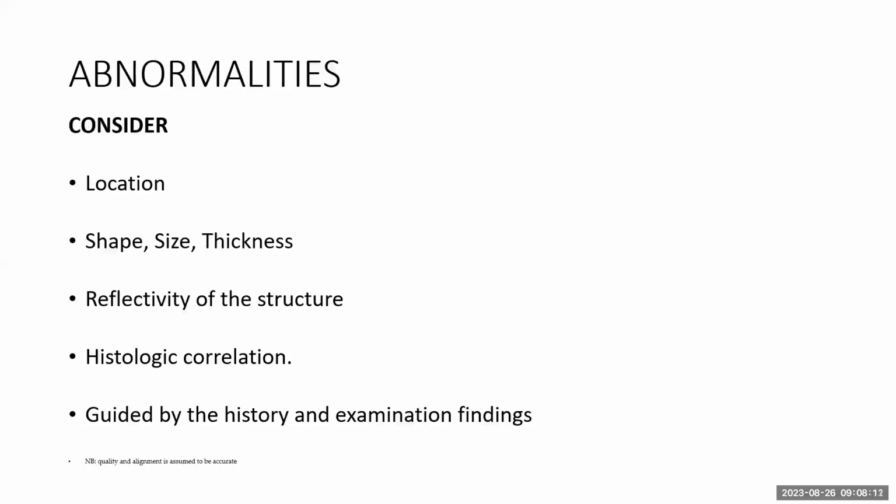So a patient with diabetic retinopathy could have tractional membranes, could have epiretinal membranes. And a patient with long-standing uveitis could also have epiretinal membranes. So seeing epiretinal membranes is not the diagnosis. The diagnosis is based on the patient complaint and your examination findings.